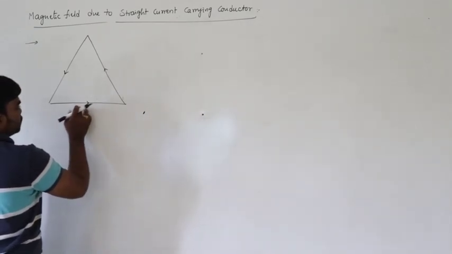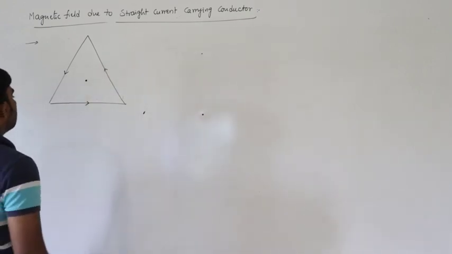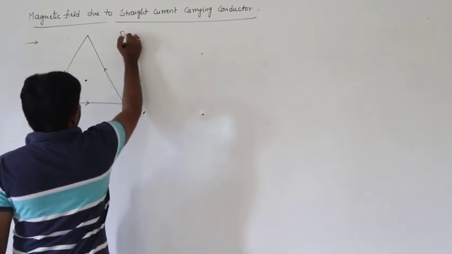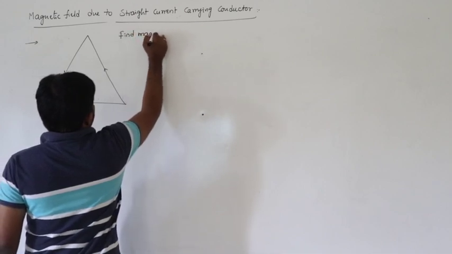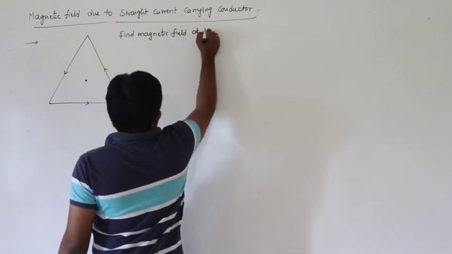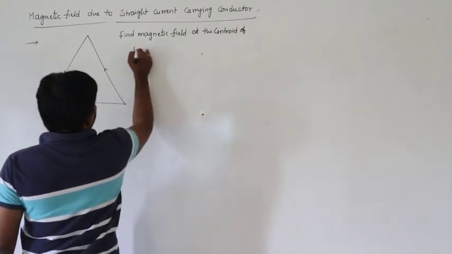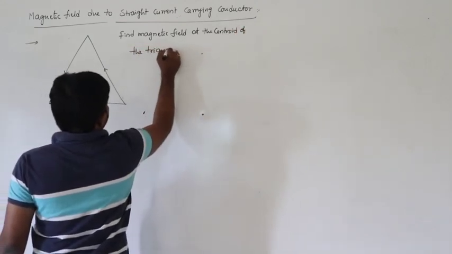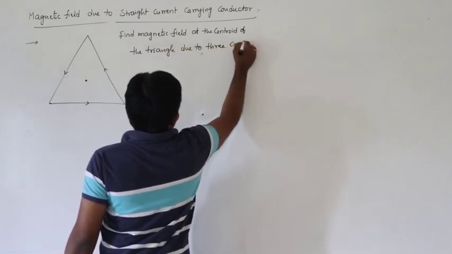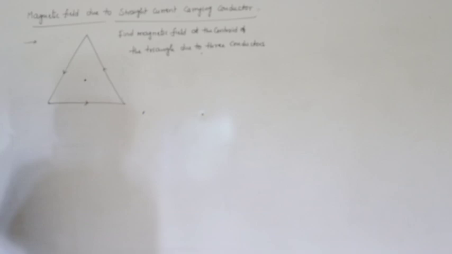Then find the magnitude of the magnetic field at the centroid of the triangle due to the 3 conductors. That is the question here.